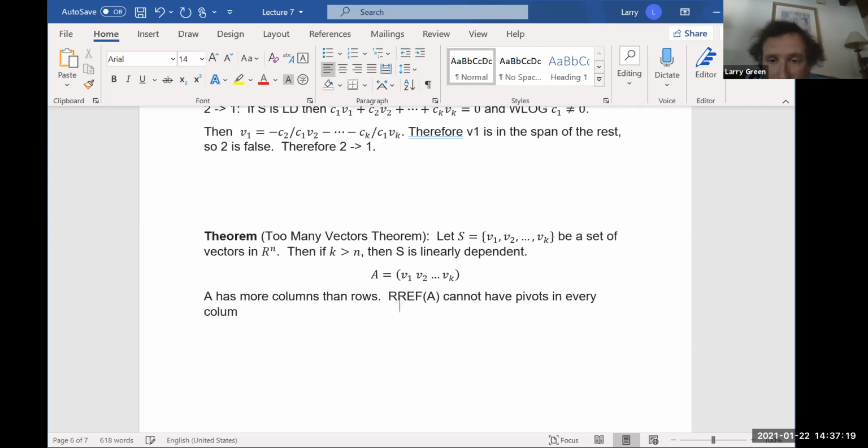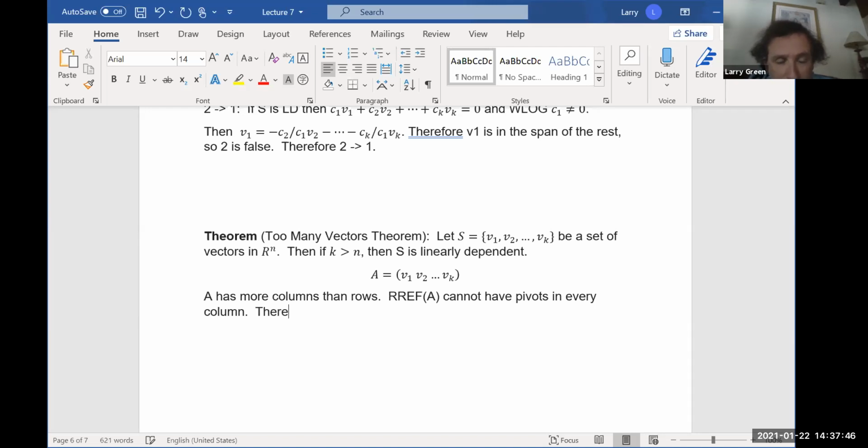Do you agree? Any questions on that? Yes, that makes sense. You can't have pivots in every column because you get one pivot per row at most, and there aren't enough rows because K is bigger than N. So our REF of A cannot have pivots in every column.